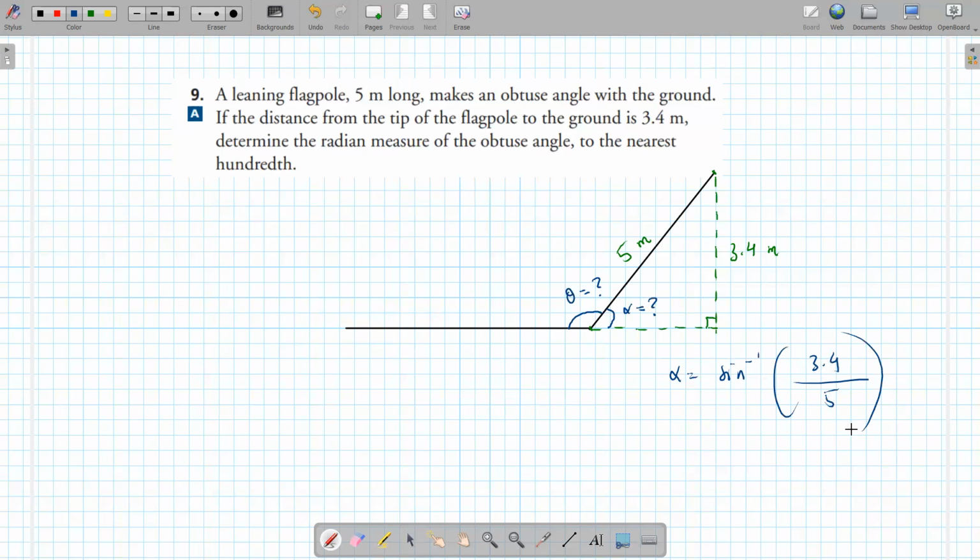So on the calculator, I'm going to be in radians, sine inverse of 3.4 divided by 5. So theta is going to be 0.75. Nearest hundredths means 2 decimal places. All right, so now that I have my alpha, which is the acute angle, how do I get theta?